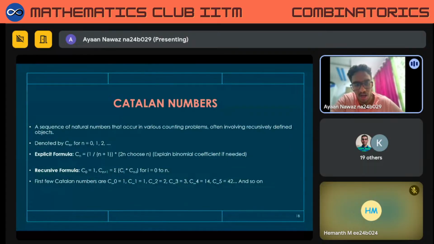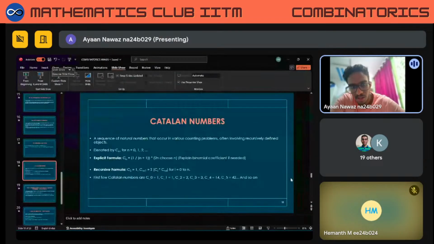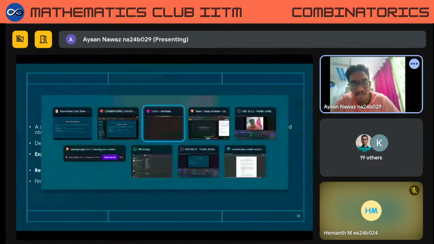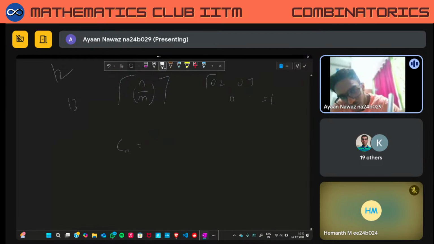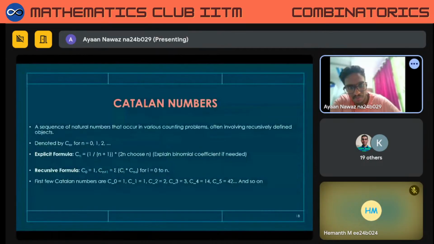The explicit formula of a Catalan number is Cn equal to 1 by n plus 1, times 2n choose n. This is the formula of a Catalan number.